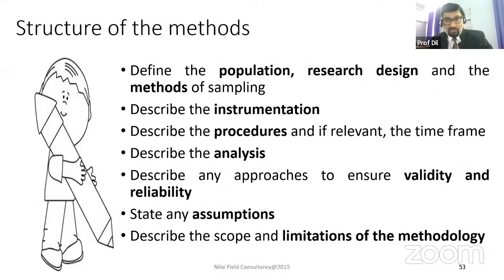So define the population of the research, define the research design, define properly how you have integrated the sampling design to arrive at your sample size, and the power of the sample to arrive at the findings. How you did the instrumentation: adaptation, adoption, or development; the procedures you follow to ensure the research frames are properly evaluated; and how you are going to do the measurement model analysis, which consists of validity and reliability.